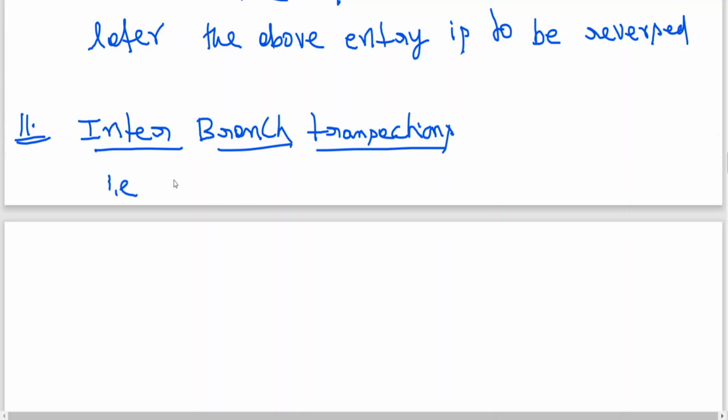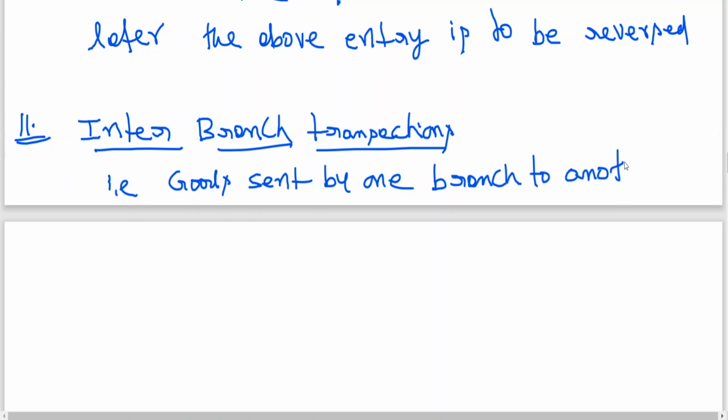That is, goods sent by one branch to another branch as per instructions of head office.